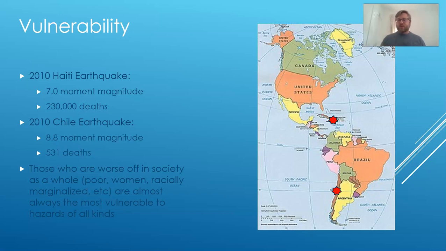People who are worse off in society tend to be more vulnerable, and so they will experience a worse disaster from the same hazard event as people who are better off in that society. So social inequality plays a huge role in the vulnerability of people to various sorts of environmental hazards.